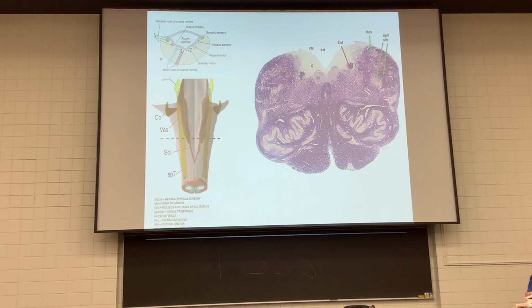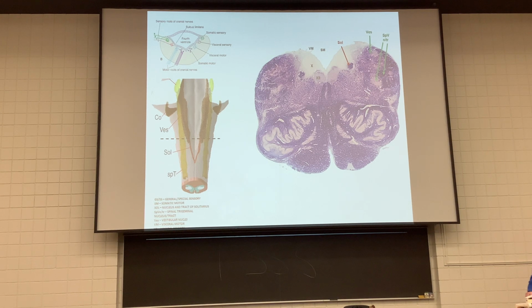What if I told you these axons are carrying primary or first order sensory information from the face? Where would the cell bodies be? Pardon? Is it goes through the ganglion? Not through it, they're in it. These are the axons of the neurons that are in the trigeminal ganglion.